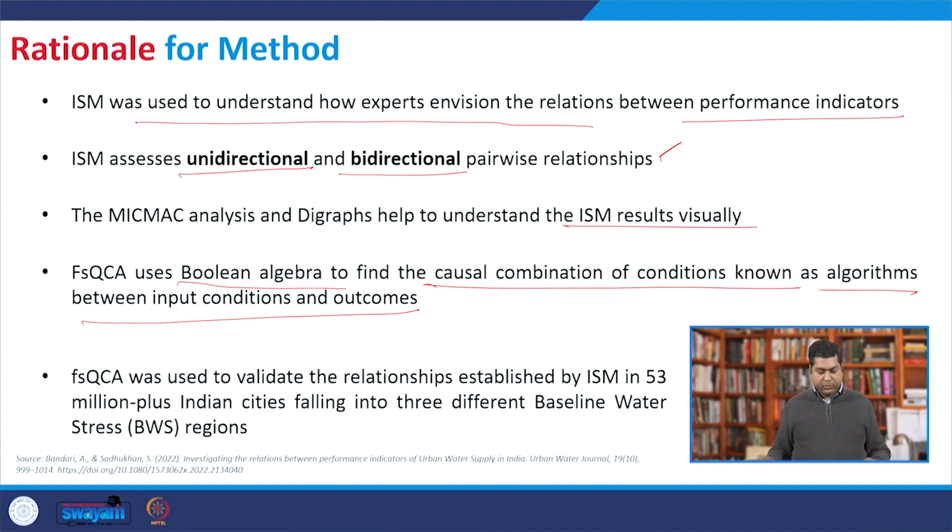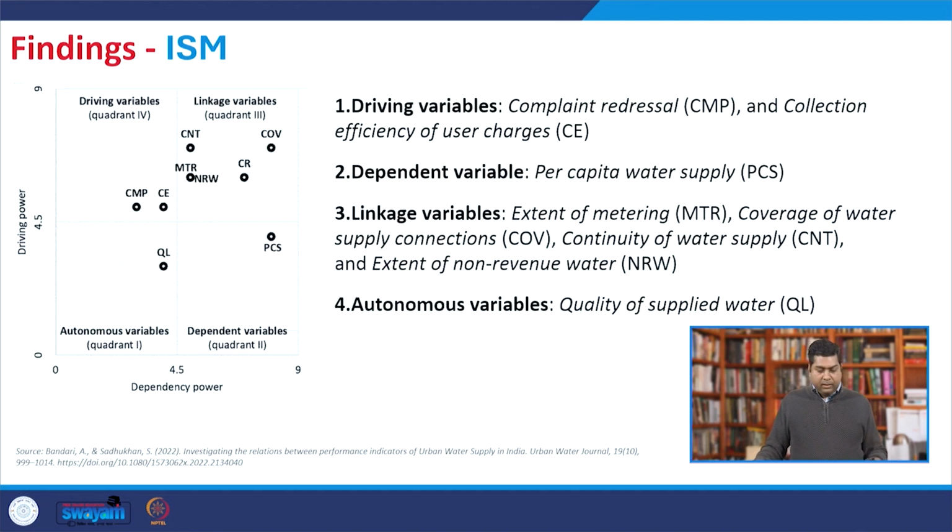FSQCA was used to validate the relationships established by ISM in 53 million-plus Indian cities, which fall into three different baseline water stress regions, which I already mentioned through the methodology diagram: low to high, high, and very high. Now, coming to the findings, the method and other things are explained in the paper; you can go through it and very easily understand the steps.